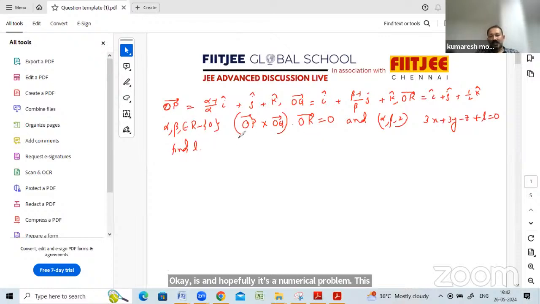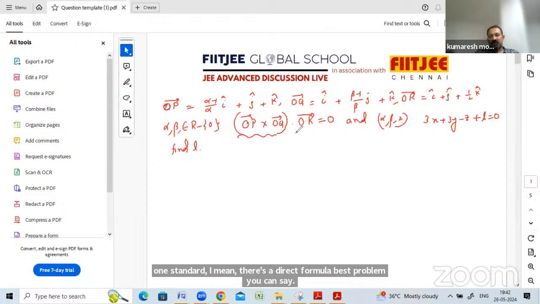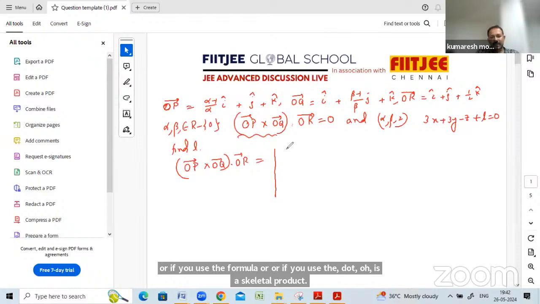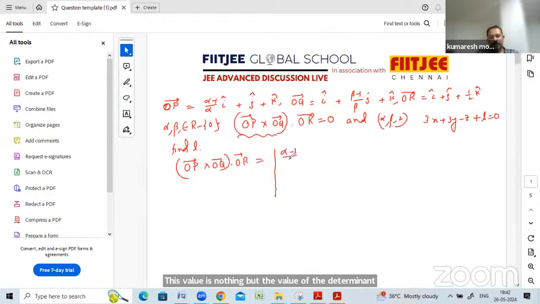So as you know, OP cross OQ dot OR is a scalar triple product. This value is nothing but the value of the determinant of A1, B1, C1, A2, B2, C2, A3, B3, C3, the corresponding components of I, J, K cap.